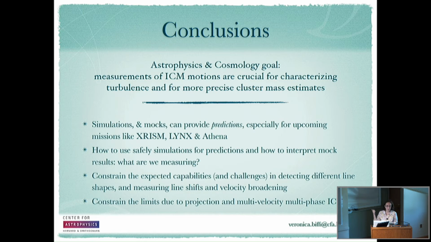It's really difficult to properly fit these things with such high resolution. But yes, it will of course improve, because you can better resolve the motions and the features of the line. Plus, for instance with Athena, you have a much larger collecting area, so you would be able to get this kind of study also to the fainter regions.